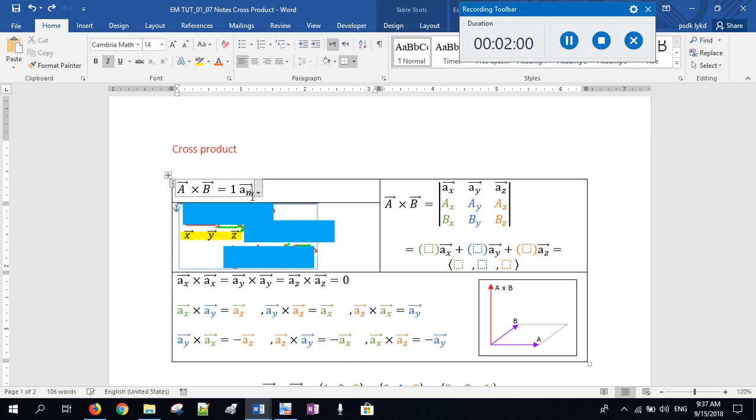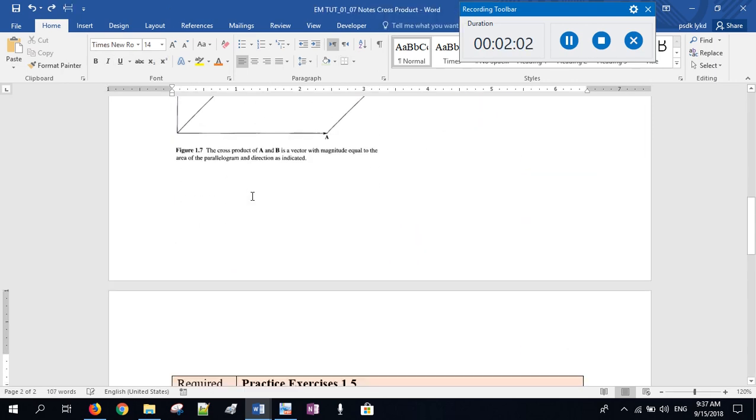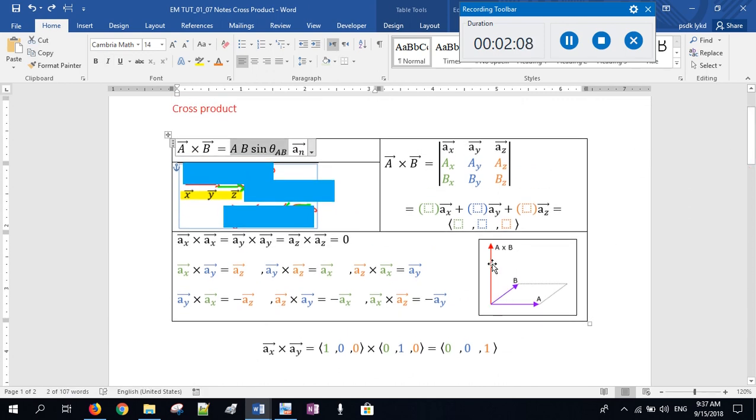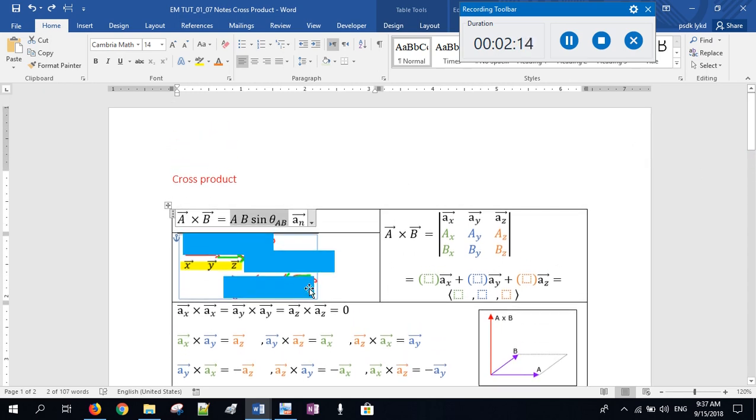But how to determine this one? How to determine if it is AZ upward or minus AZ downward? Just write X, Y, Z, the variables in the Cartesian coordinates.